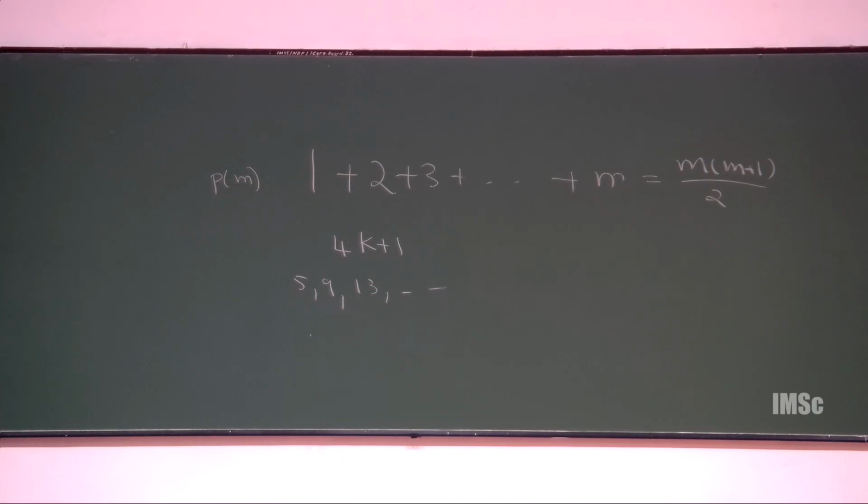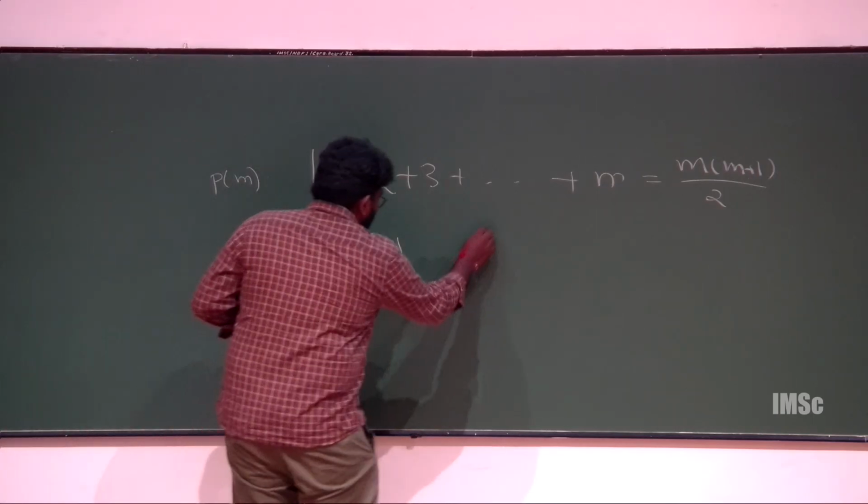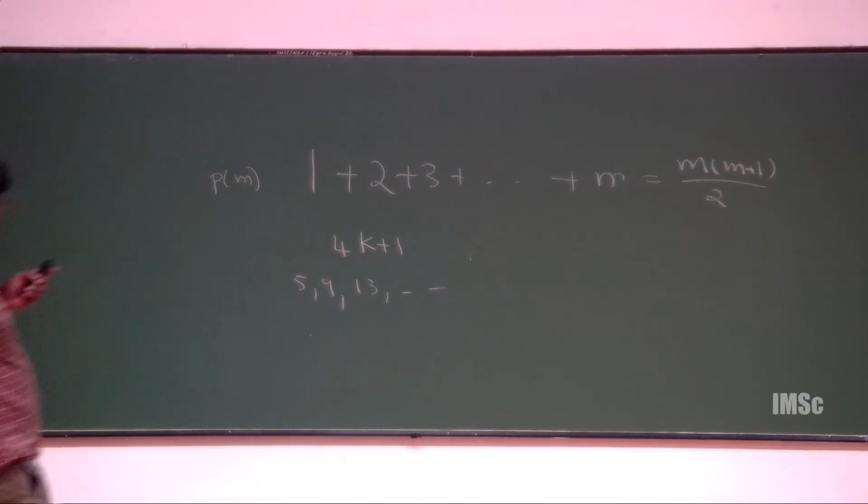Does this arithmetic progression also contain infinitely many primes? Yeah, the answer is true, and it's not just about this arithmetic progression, any arithmetic progression like this contains infinitely many primes. It is proved by Dirichlet. And one can even prove it using a similar way as this.